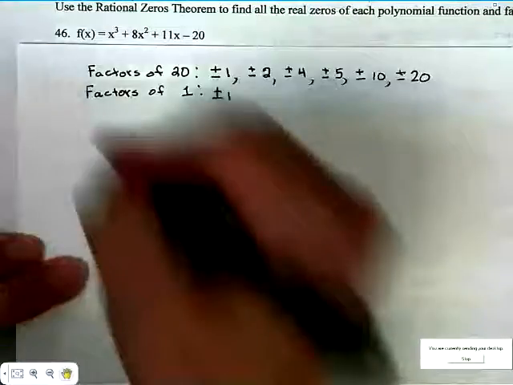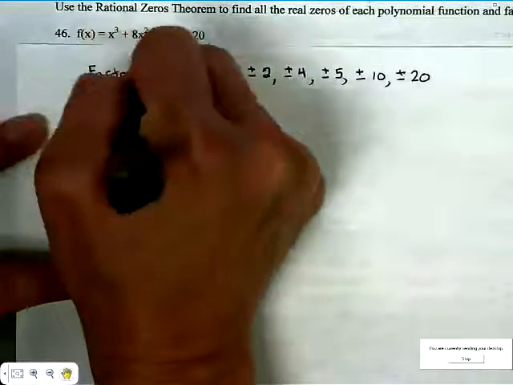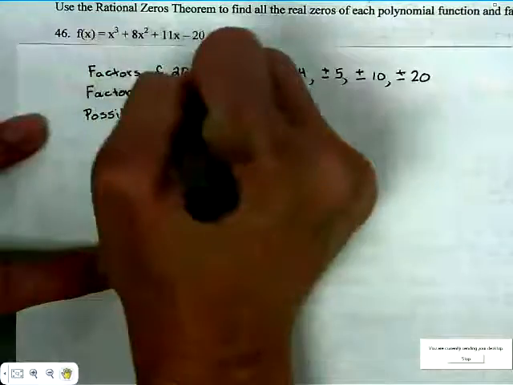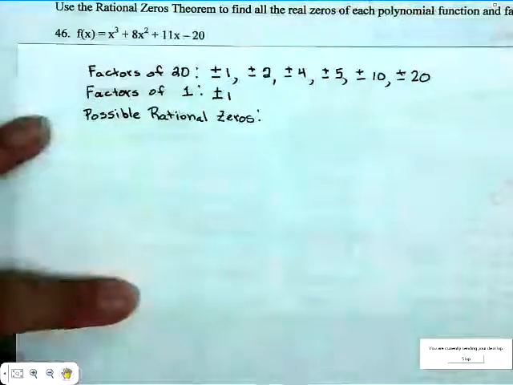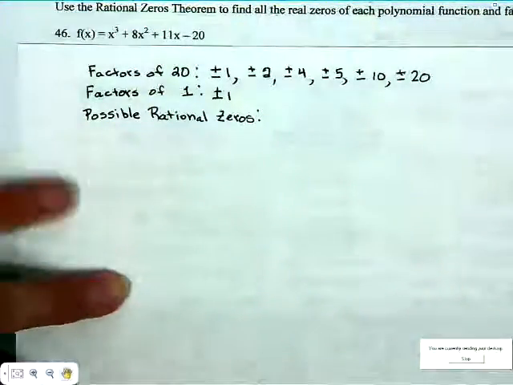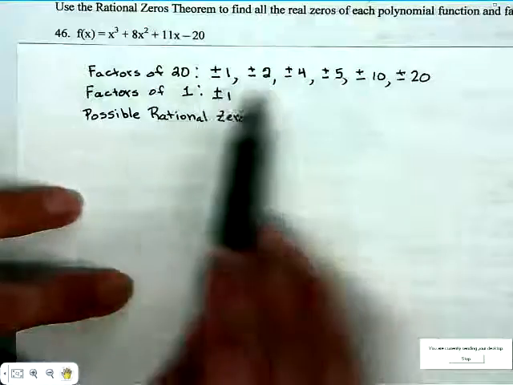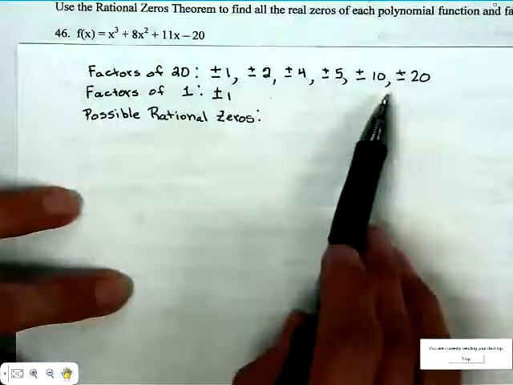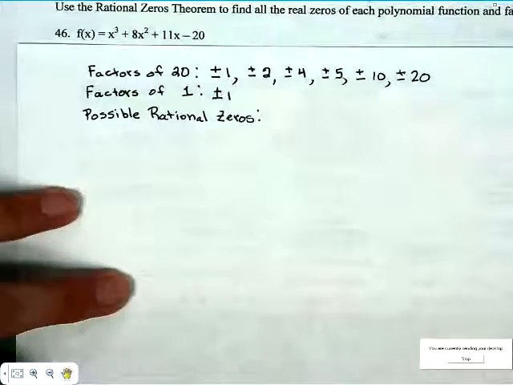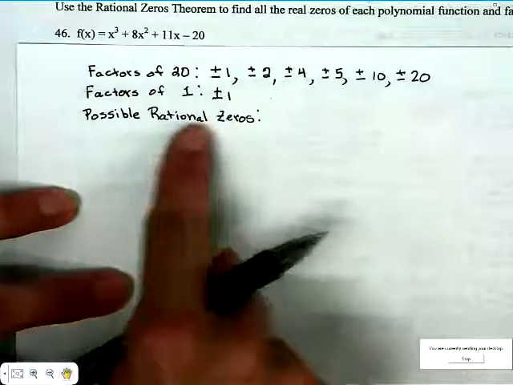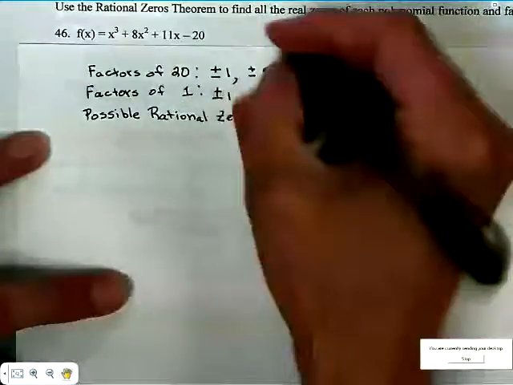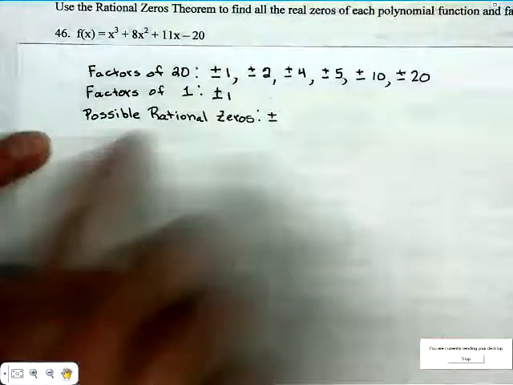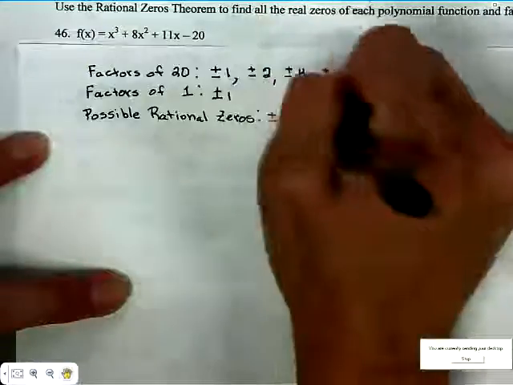So my possible rational zeros would be each of these 12 factors divided by positive or negative 1. Dividing by 1 doesn't change anything. So if that leading coefficient is 1, my possible rational zeros are just going to be factors of the constant. We'll do an example in a minute where the leading coefficient's not 1, and you'll see that gives us a whole lot more possibilities.